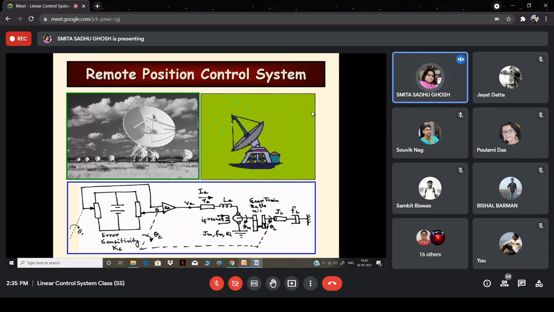So if the target is moving, the orientation of this antenna would also have to be changing such that it is then pointing towards the new position of the target.